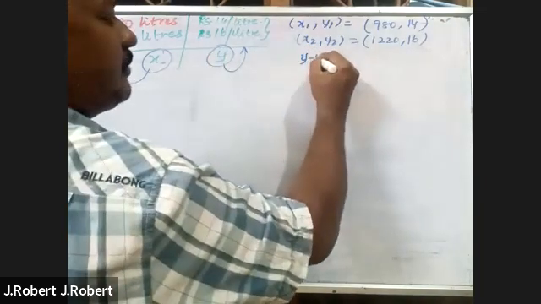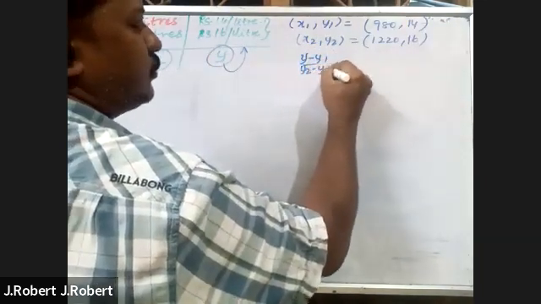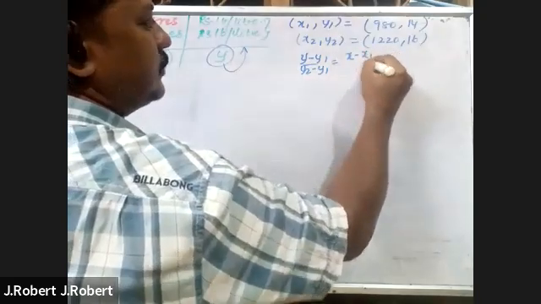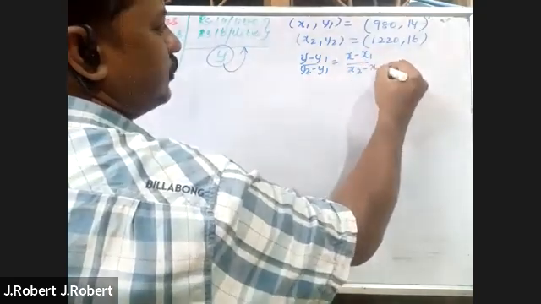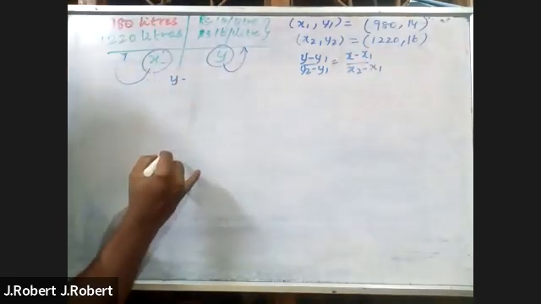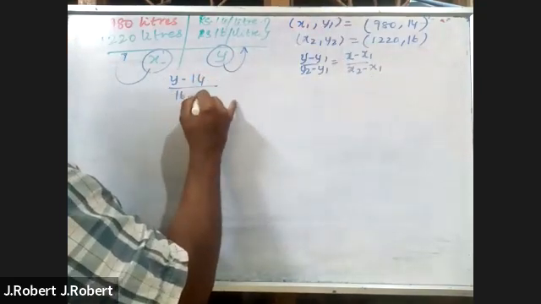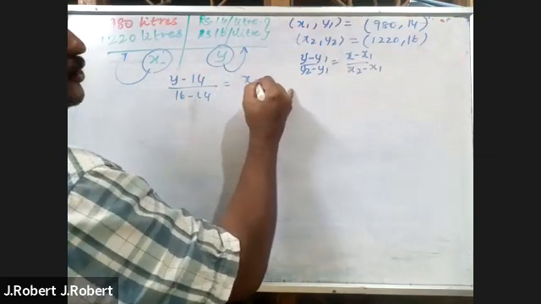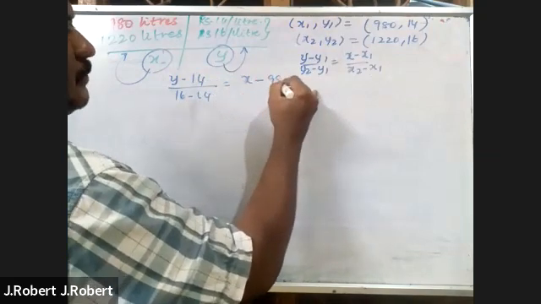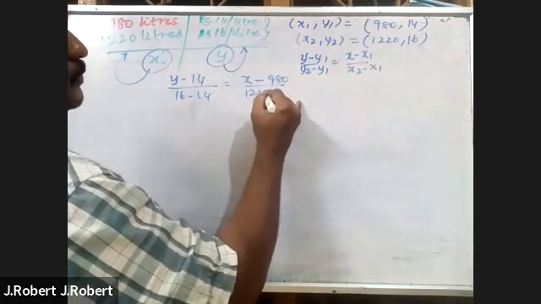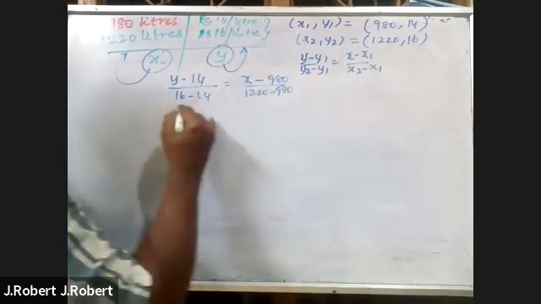இந்த ஃபார்முலா y minus y1 by y2 minus y1 is equals to x minus x1 divided by x2 minus x1. Now I can write this as y minus y1 is equals to 14 divided by 16 minus 14, which is equals to x minus x1, which is equals to 980 by 1220 minus 980.